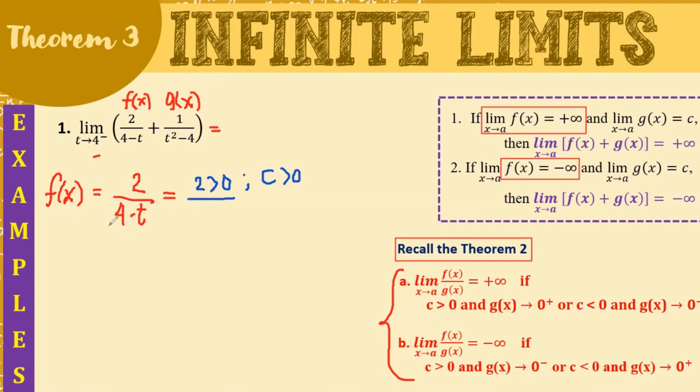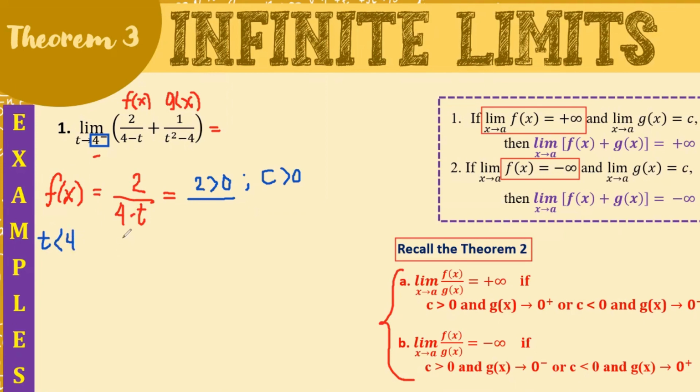Next naman, C4 minus T. Now, if we will be substituting values of T decreasingly, kasi yung approach natin is to the left. So meaning the values of our T here will be decreasing, or less than 4.